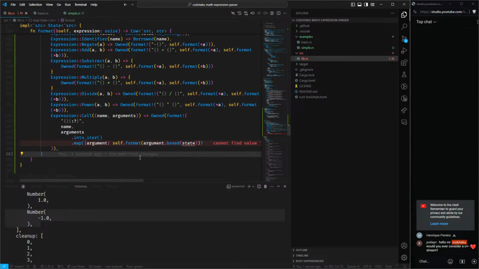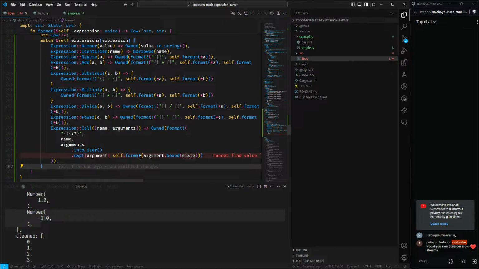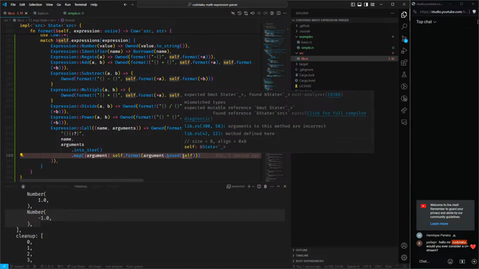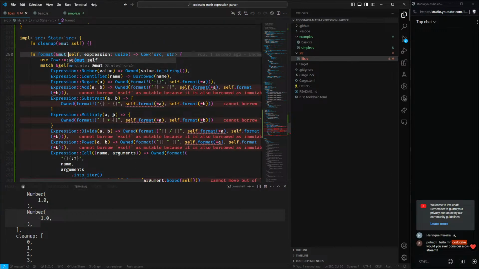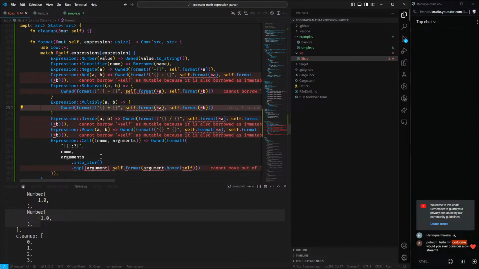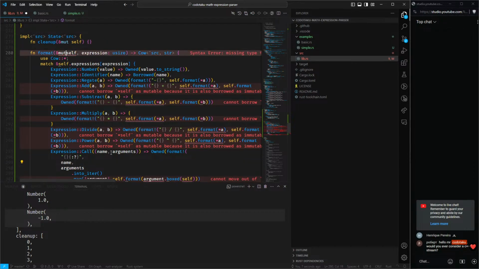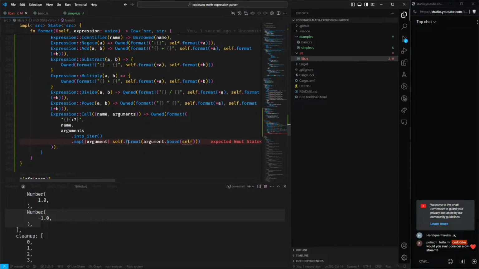Argument.box state. Where's my state? Oh, well, it's self. And what the heck, expected? Oh crap, we're gonna need mutable access. Okay. Okay, great. Okay, amazing. Yeah, no thank you.